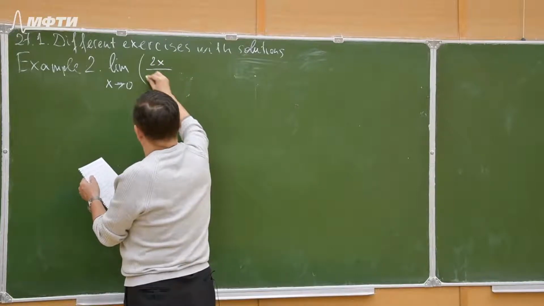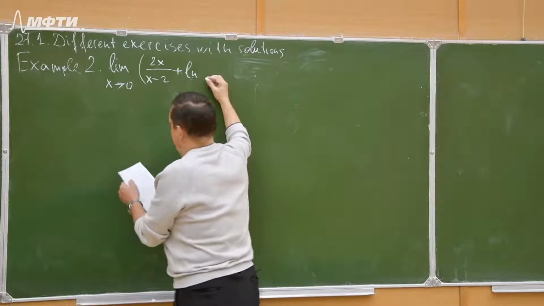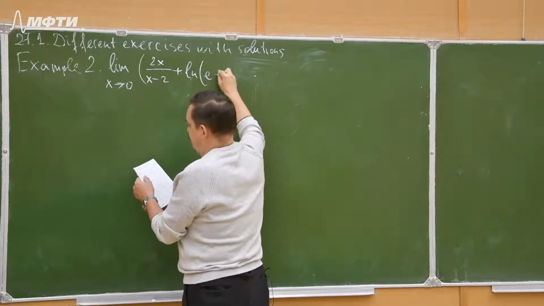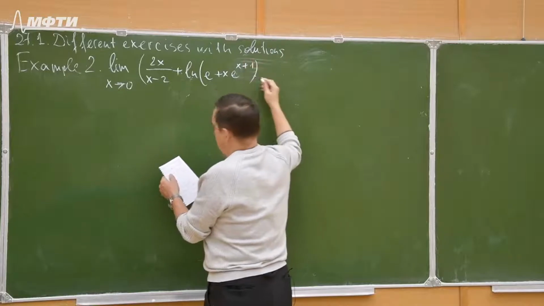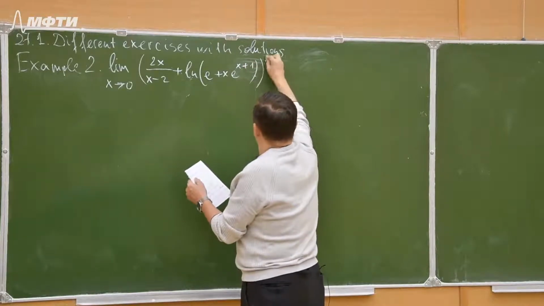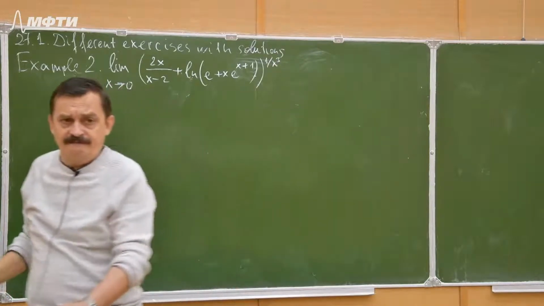The limit of 2x over x minus 2 plus logarithm of e plus x e to the power x plus 1, to the power 1 over x cubed. Okay.